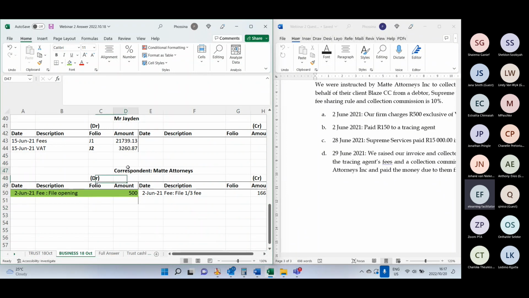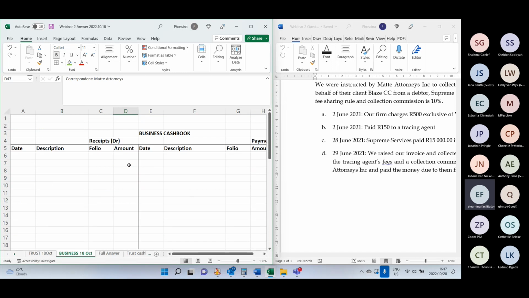So the action of paying affects our bank account. Do not worry, in our business cash book we haven't recorded anything, because remember we skipped that part. We were supposed to record business transactions, and I believe you know how to record the basic transactions.